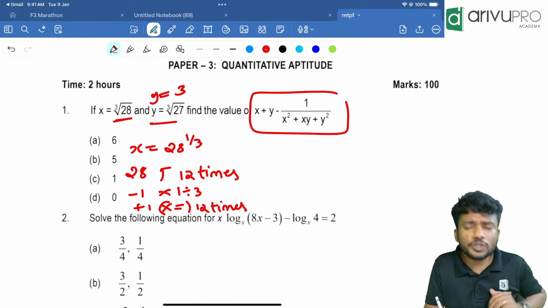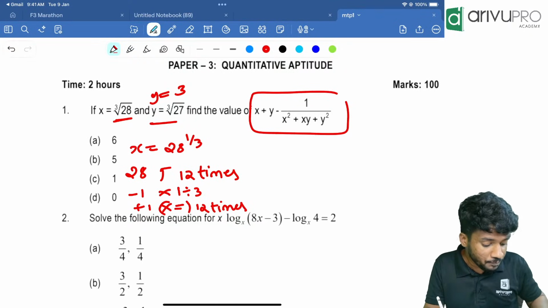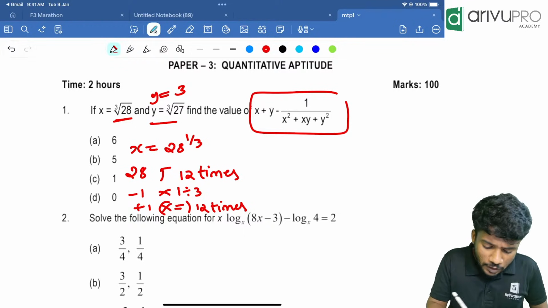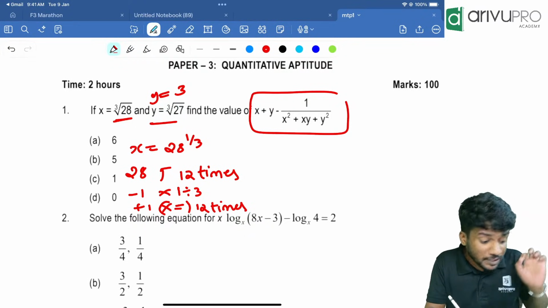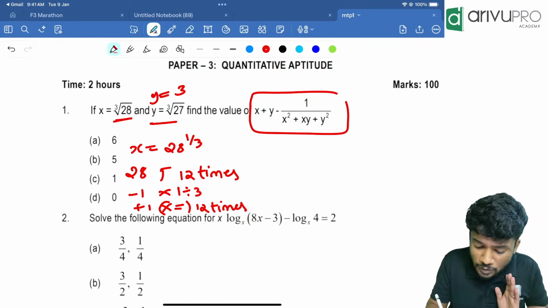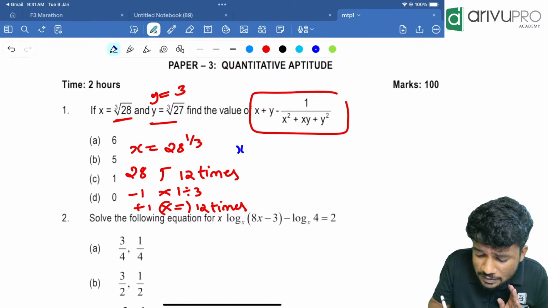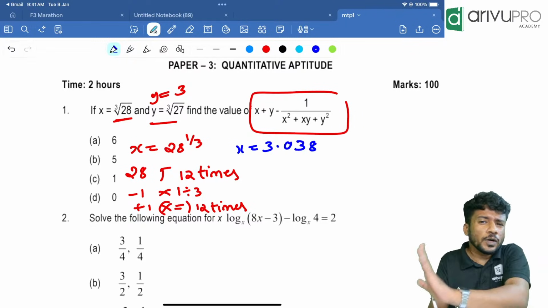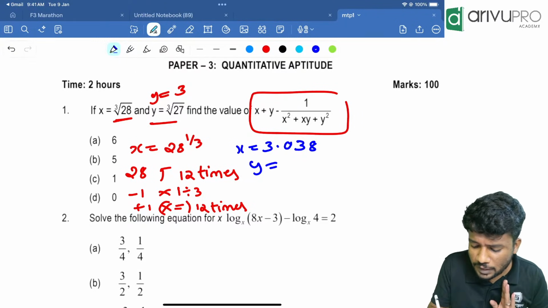Then into equal to, how many times? 12 times. 1, 2, 3, 4, 5, 6, 7, 8, 9, 10, 11, 12. You got it as around 3.037 something. So accordingly, I will write x is equal to 3.038. I am rounding it off. Okay, y is equal to, we know that it is equal to 3.